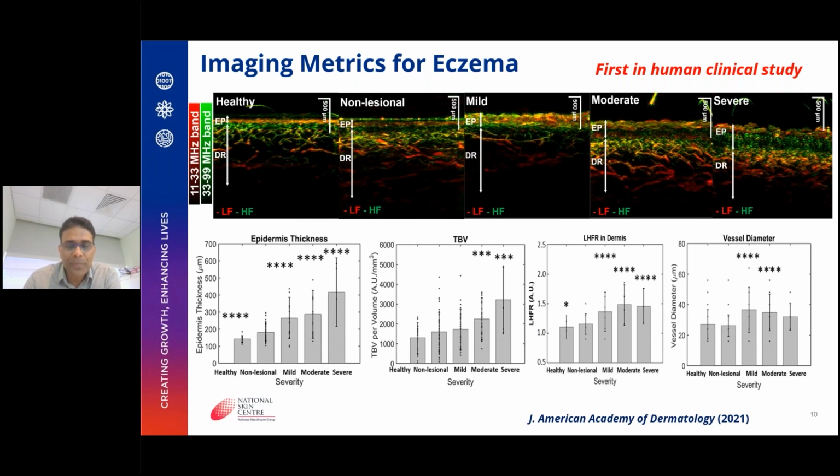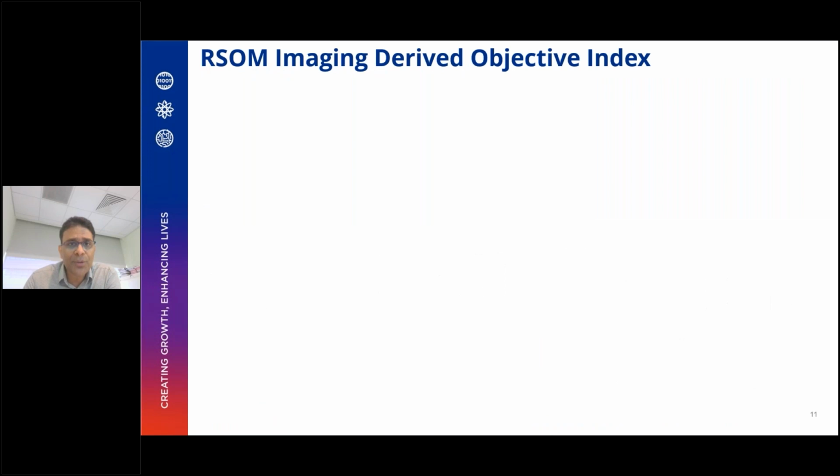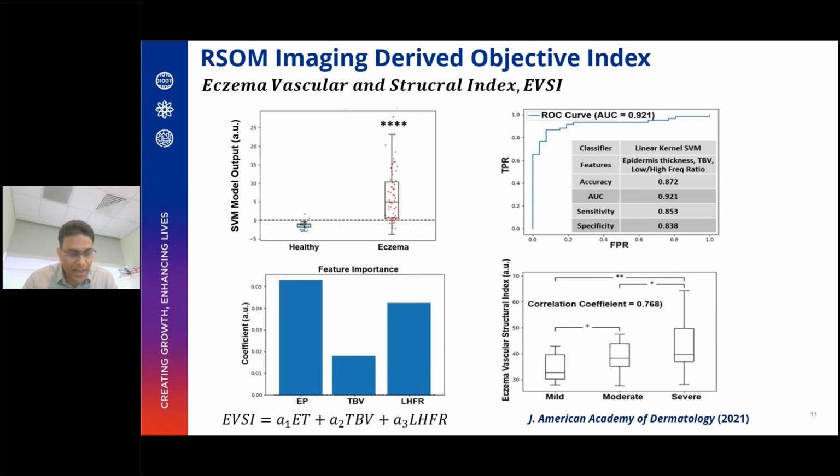So these imaging metrics can be used to form a quantitative index. Subsequently we built an SVM classifier method to classify healthy and eczematous skin. We could achieve an accuracy of 87%, sensitivity of 96%, and specificity of about 83%.